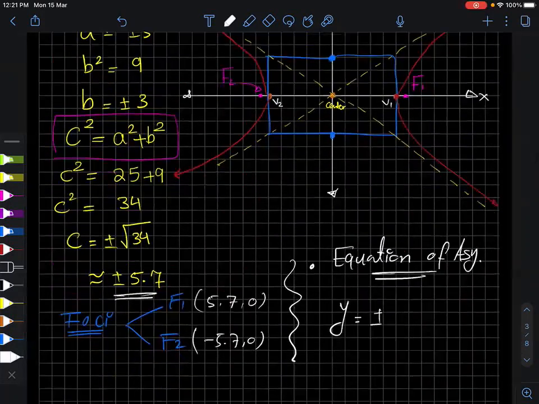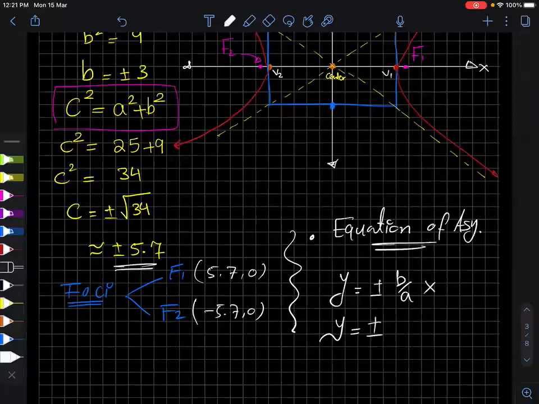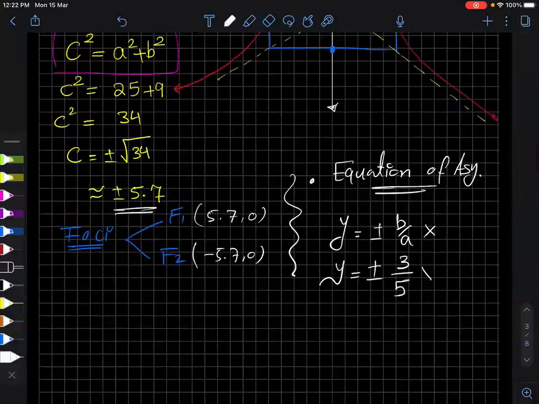I'm going to move up b units and to the right a units. So it's b over a, x. So y equals plus minus b over a, 3 over 5, 3x over 5.